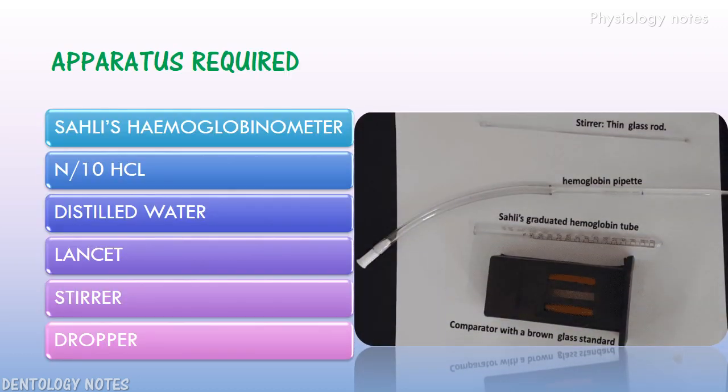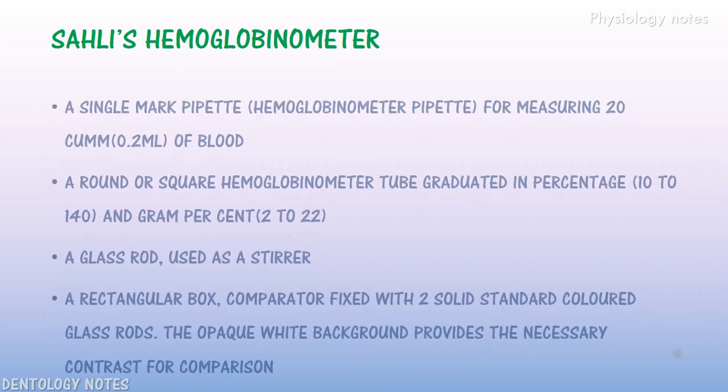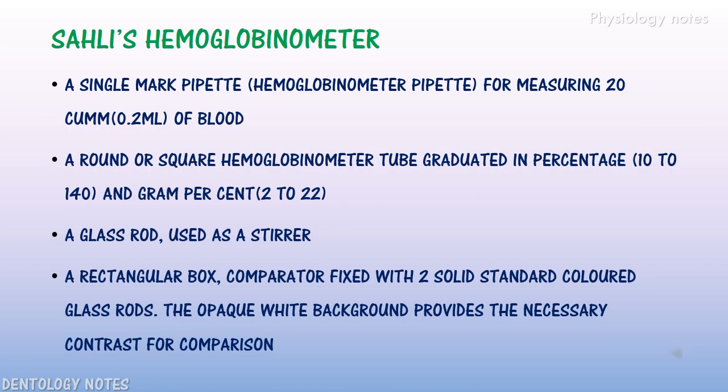Apparatus required: Sahli's hemoglobinometer, N/10 HCl, distilled water, lancet, stirrer, dropper. Sahli's hemoglobinometer: a single mark pipette, hemoglobinometer pipette, for measuring 20 cubic millimeter, 0.02 milliliters, of blood.